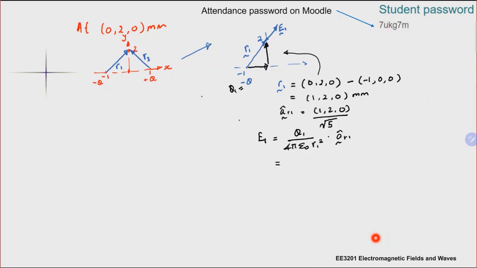So Q1 is equals to minus 0.5 times 10 to the minus 12, over 4 pi times 8.854 times 10 to the minus 12, root 5 times 10 to the minus 3 squared.